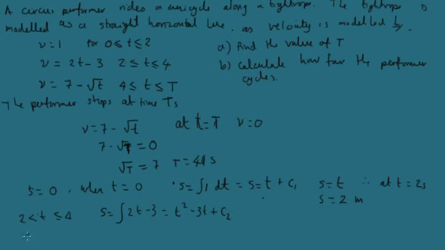When s equals 2, when t equals 2, so 2 equals 4 minus 3 times 2 is 6 plus c2, so c2 is going to be 4.